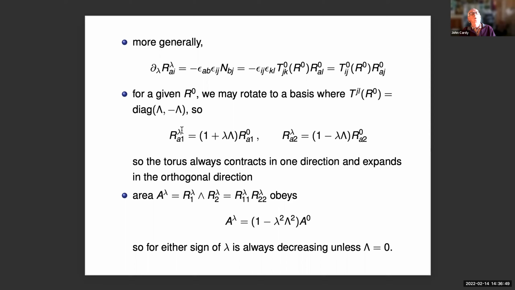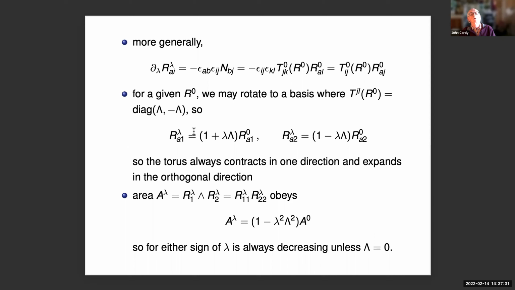So in this fixed stress picture, we find that in one direction, the torus always expands, and in the orthogonal direction, it always contracts. And so if you work out how the area behaves, the area always decreases unless we're at a point in the moduli space where the stress tensor actually vanishes, where the eigenvalues of the stress tensor are 0.